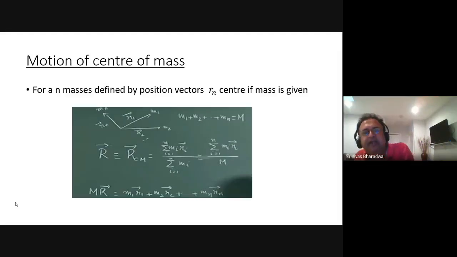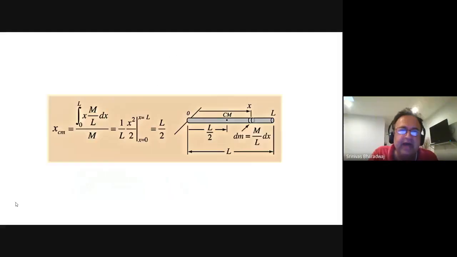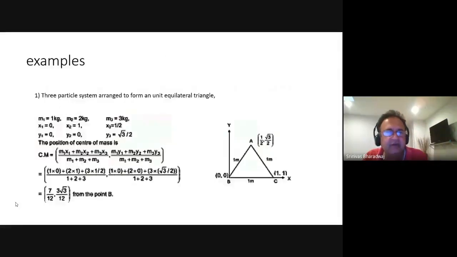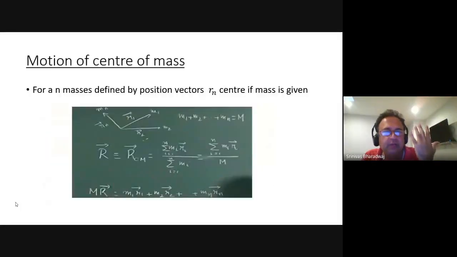That will equal m1 dr1 by dt, m2 dr2 by dt, etcetera. So that is going to lead to the conservation of momentum equation. P equals P1 plus P2 plus P3 plus P4 plus Pn. The left hand side, M times dR_cm by dt, is the linear momentum of the center of mass. So the linear momentum of the center of mass is going to be conserved.